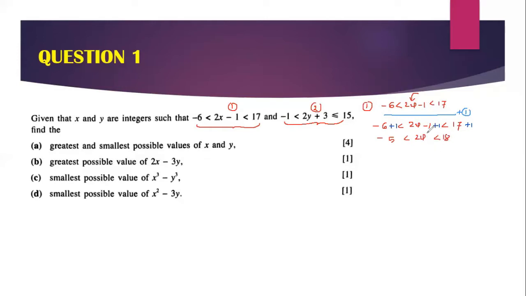Then how do we modify 2x to be x? You have to convert 2x, the middle term of the inequality, to x. That's the target, so you have to divide by 2. Now we have minus 5 over 2 less than x less than 9.